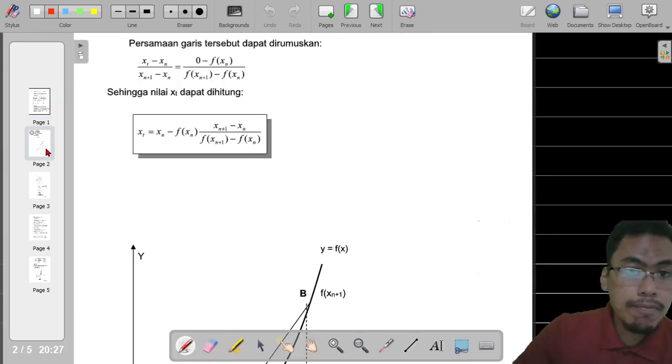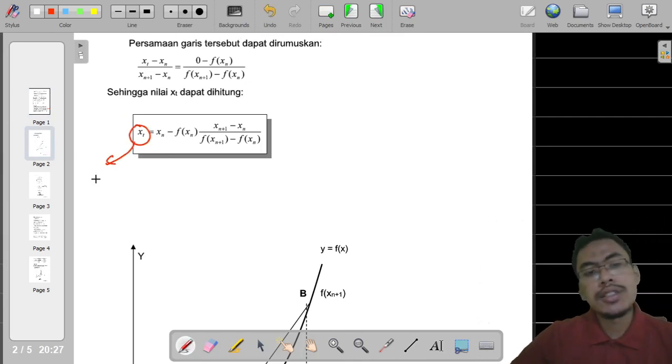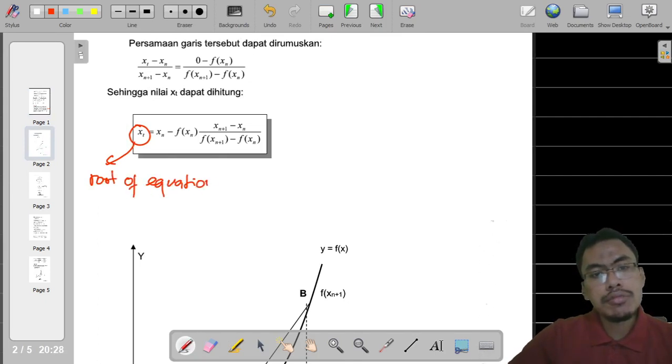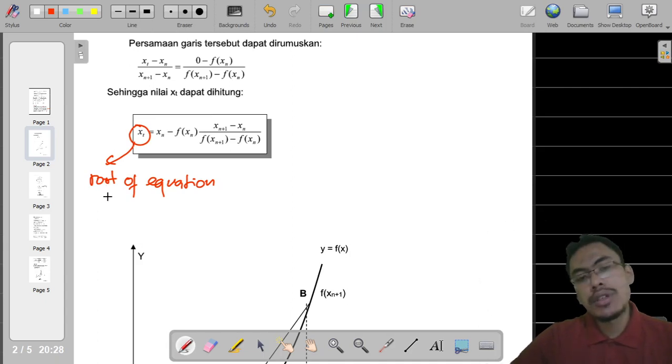So xt is the root of the equation, and as always, more iteration means more accurate calculation.